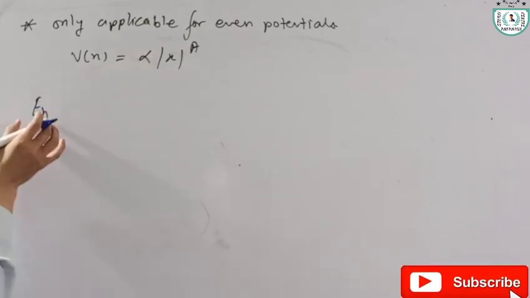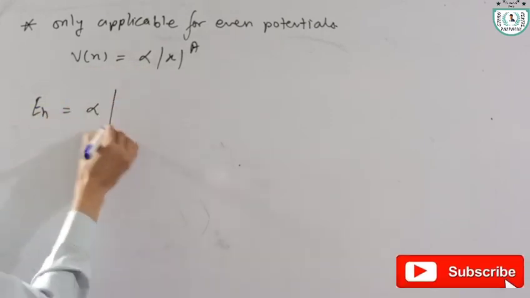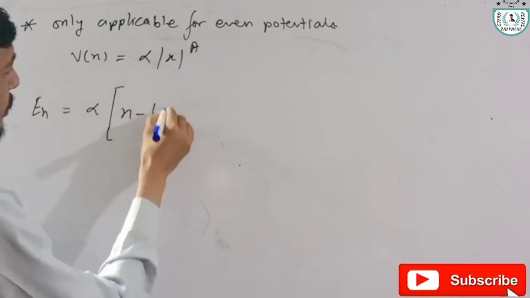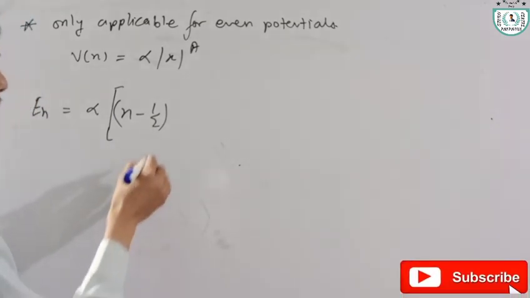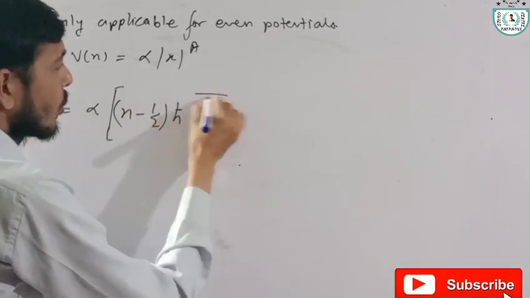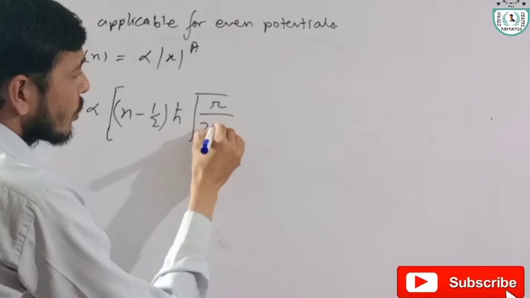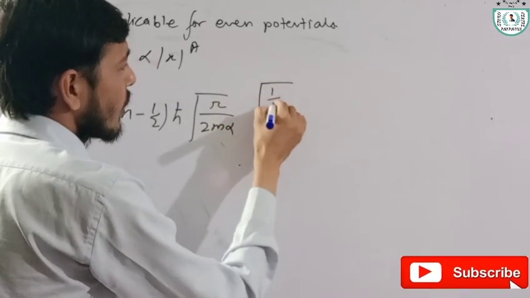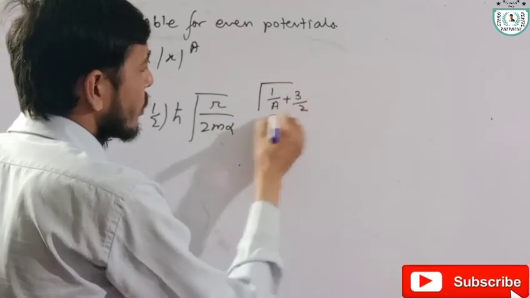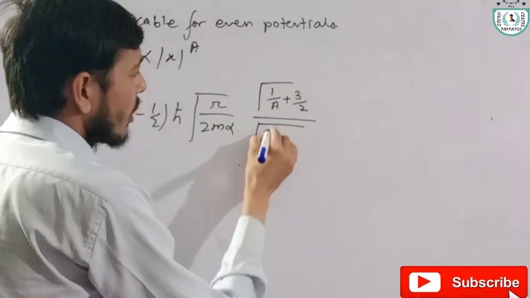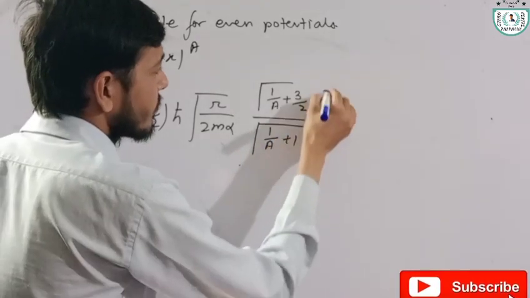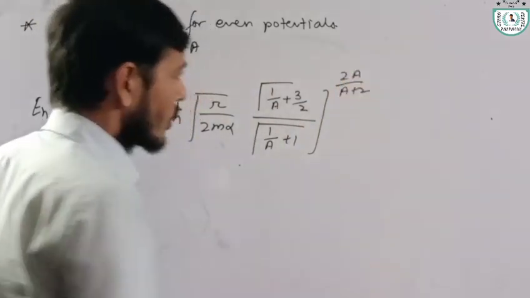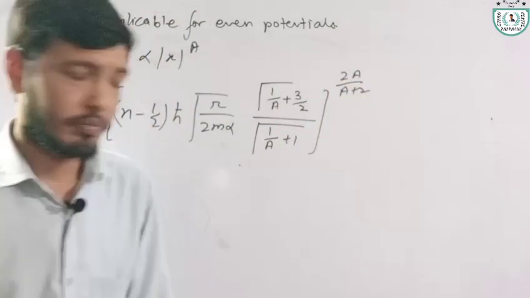In this type of problem, En = α(n − 1/2) ħ √(π/2mα) Γ(1/a + 3/2) / Γ(1/a + 1) raised to power 2a/(a + 2).